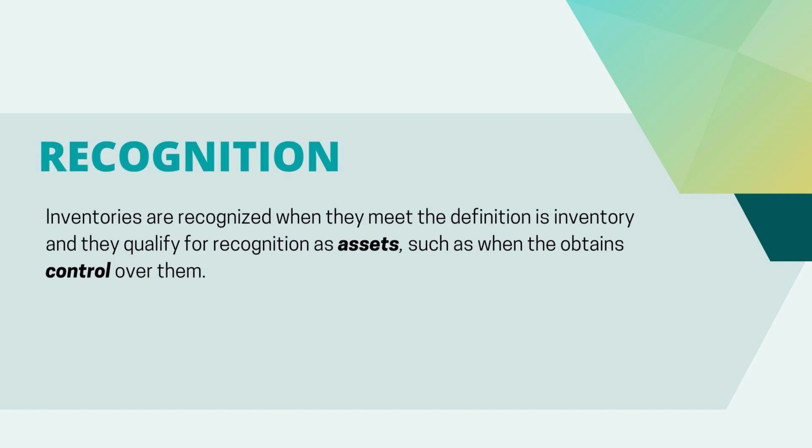Next, when to recognize inventories. So inventories are recognized when they meet the definition of inventory and they qualify for the recognition of assets, such as when they obtain control over them.